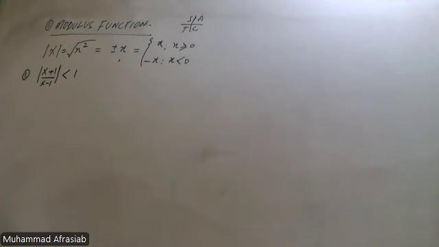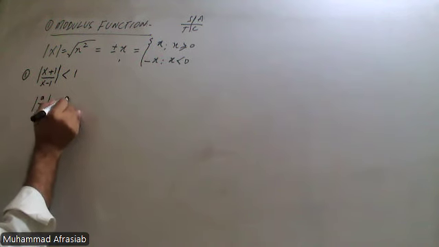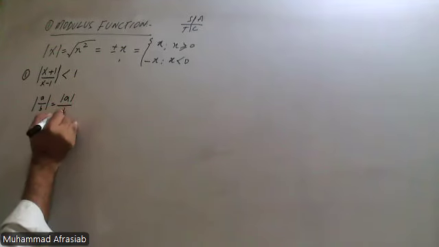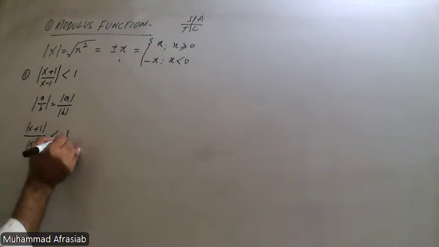We know that |a over b| is equal to |a| over |b|. So this will become |x plus 1| over |x minus 1| is less than 1.